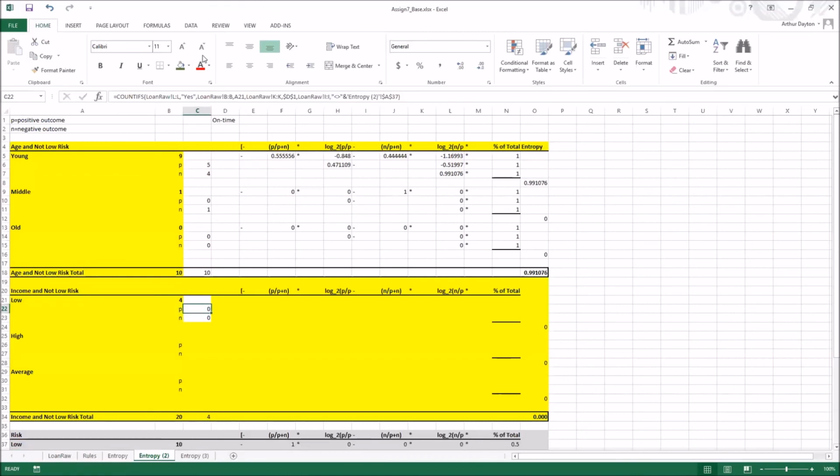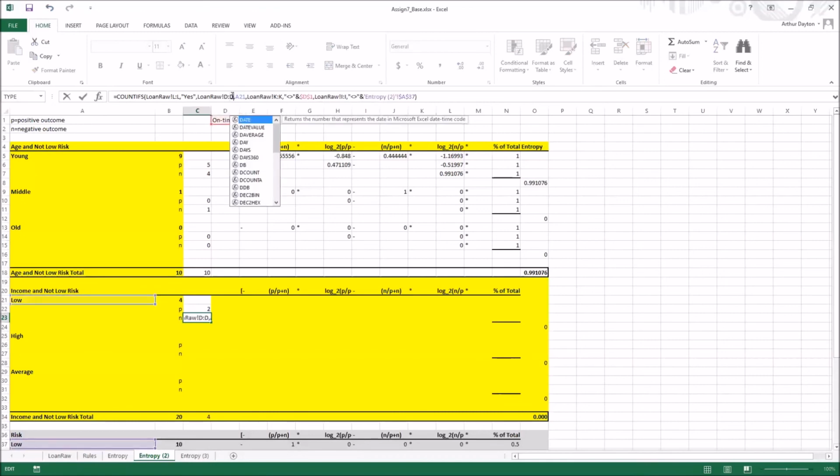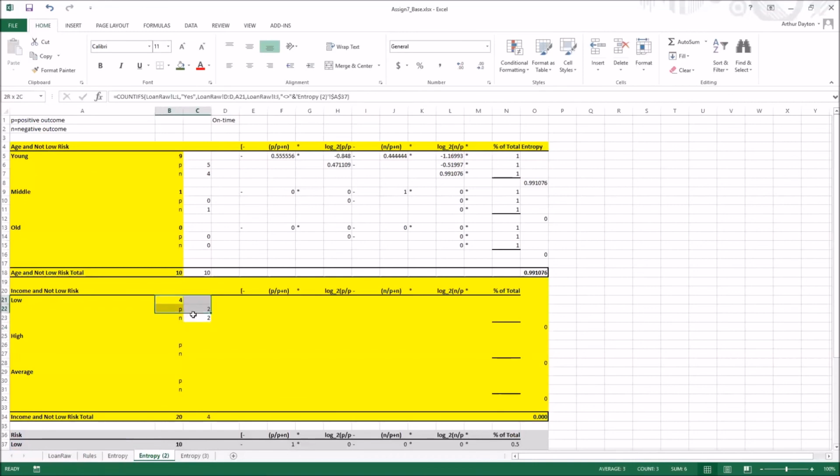And we'll do the same for our positive and negative outcomes. And one more time. And now that we've got those correct, we can go ahead and just copy paste these down through. Then you can see that our total is adding up to 20 here because we don't have our total excluding the risk calculation like we do the rest of our calculations.